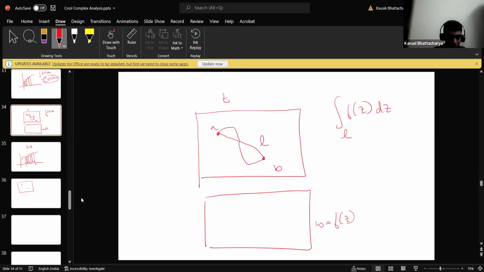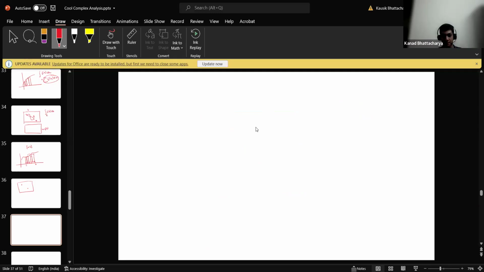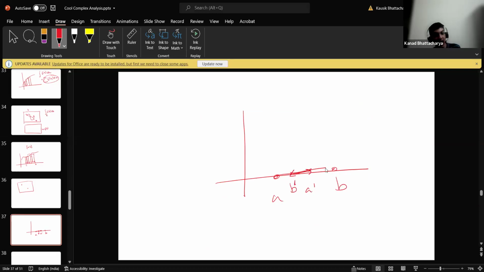So let's say this is a, this is b, and maybe you are going from a to some a dash, you keep on integrating till a dash, and then you go back somehow to some point, some b dash, and then go back to b. But if you know a little bit of calculus, you'll know that it eventually evaluates out to just directly integrating it from a to b, right?